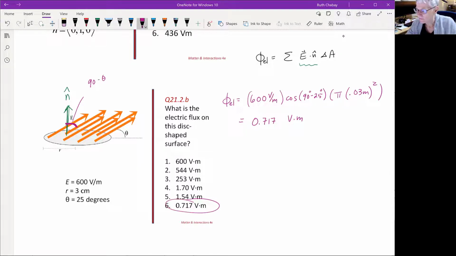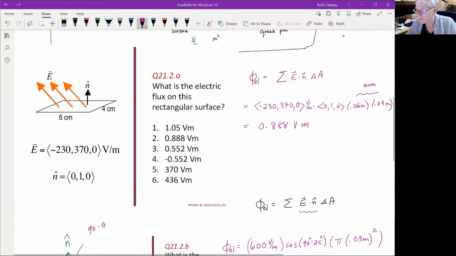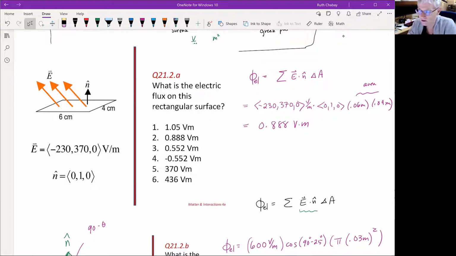Now, basically, what we're doing in this dot product, and it's easy to see when you work out the dot product using the full vector formalism, is that we're actually taking the component of E that's perpendicular to the surface. Because minus 230 times 0 is 0, the only thing that contributes is the component of E that's perpendicular to the surface here.